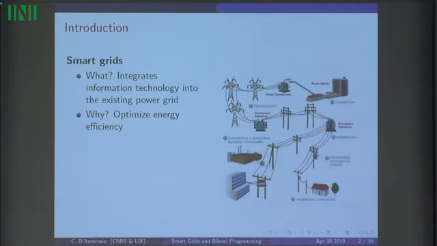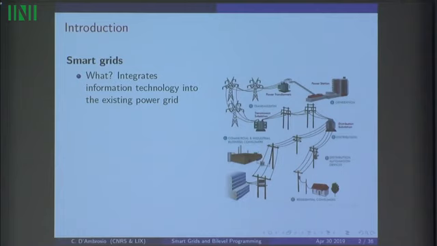Okay, so first let's talk about smart grids. Of course, the introduction will probably be straightforward to all of you, but I will give you my definition of smart grids, because there are several definitions.